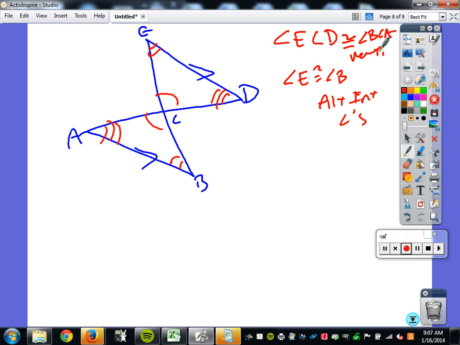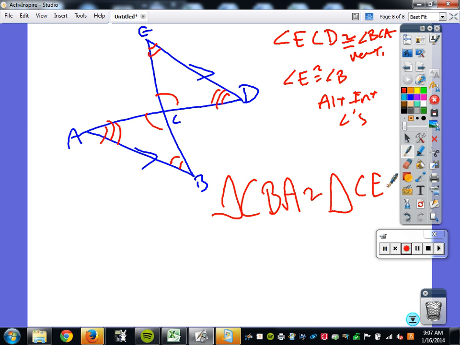But if I say these guys are congruent, then now I know, what does it say on there? CBA. Triangle CBA is similar to triangle who? Who corresponds with C? C does, doesn't he? CED, right? And why? Because of angle-angle similarity.